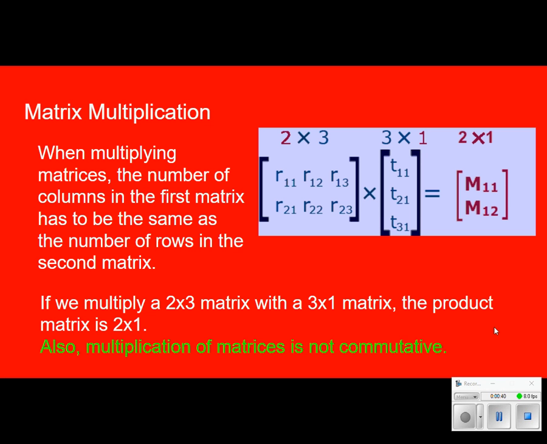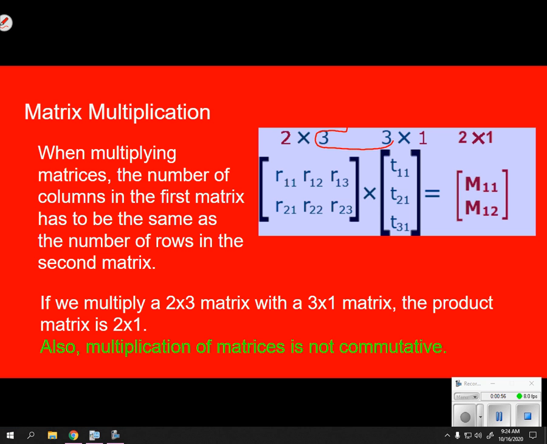So when multiplying matrices, the number of columns in the first matrix has to be the same as the number of rows in the second matrix. So if we are multiplying a 2 by 3 with a 3 by 1, we are going to be able to multiply them because these numbers right here match. If those two numbers are different, we cannot multiply them.